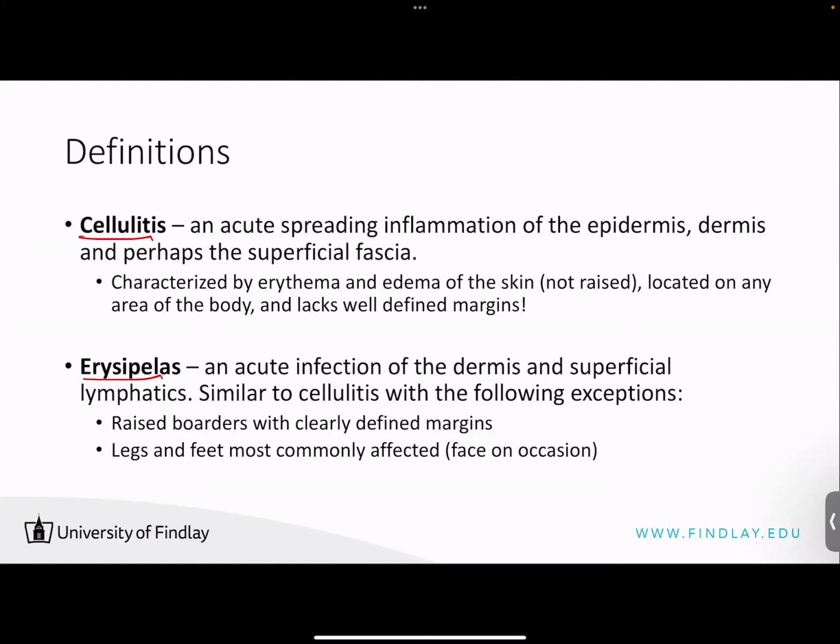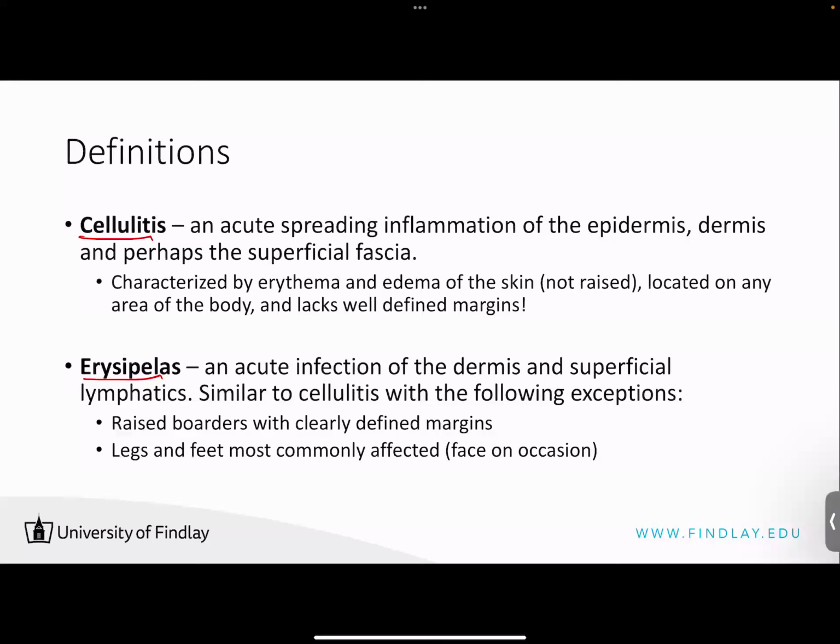And erysipelas is characterized by a red raised area with really well-defined margins. It's almost like you could run your hand over the lesion and then it drops off where the normal skin occurs. So that's very well demarcated is what they like to say.